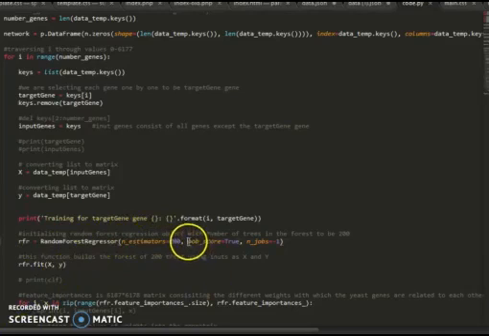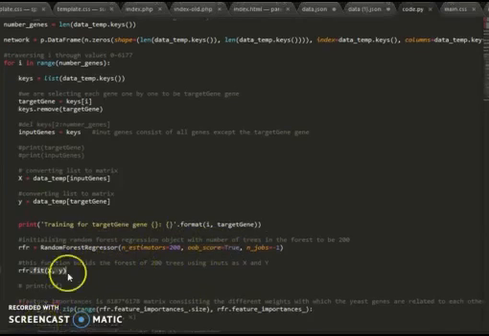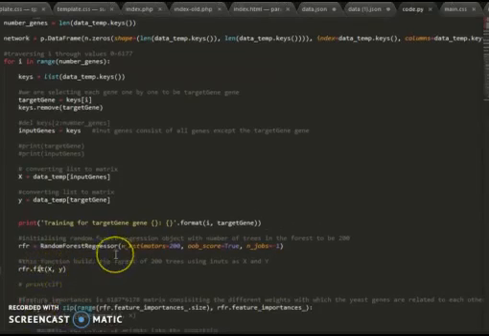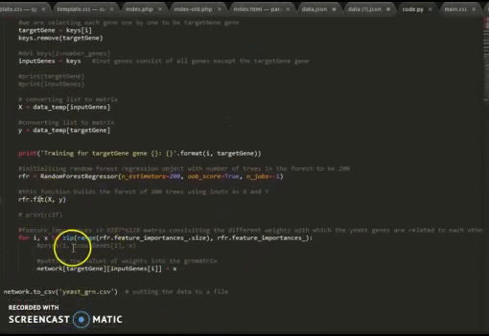The OOB score, that is the out-of-bag score, is set to true. That means we are using the bagging algorithm and we are discarding some rows of the sample set. What this fit function does is build a forest from the training set X, Y. This forest actually consists of 200 trees.